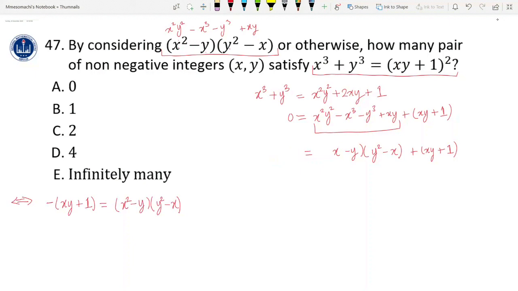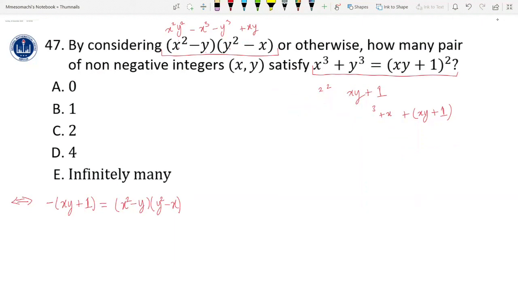Now let's consider some cases. The first case we're going to consider, and that's something you can always try when you have uncontained equations, is when x is equal to y. So what does this give us? We have x cubed, this becomes 2x cubed on the left hand side, and this becomes x squared plus 1 all squared.